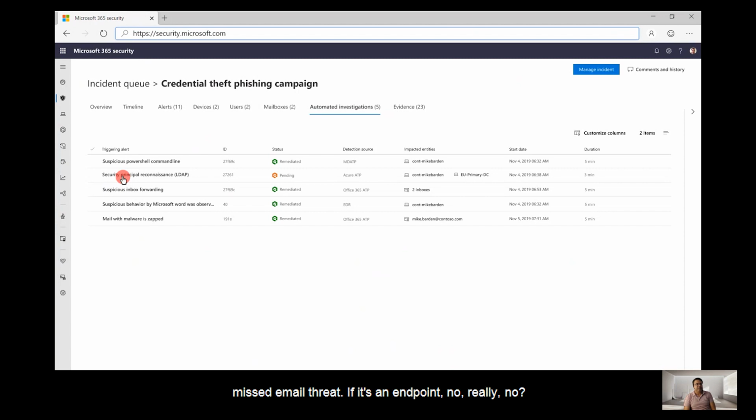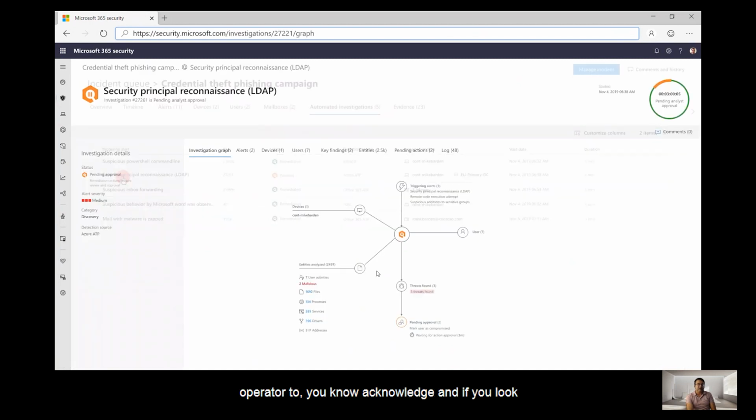If it's an endpoint, really go deep with investigation at the endpoint with the help of AI to understand the various dependencies from the threat. Some of the automations are automatically remediated depending on the type of automation job fired. Some of the automations may wait for the security operator to acknowledge.